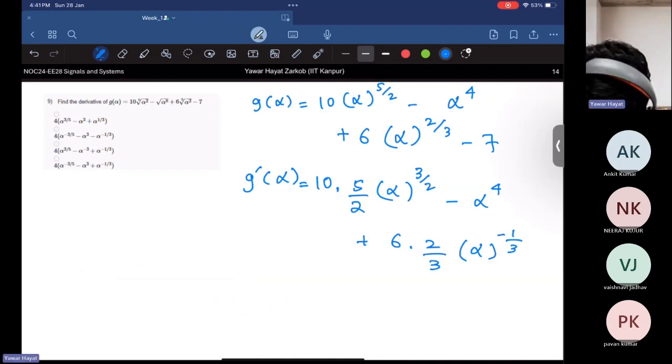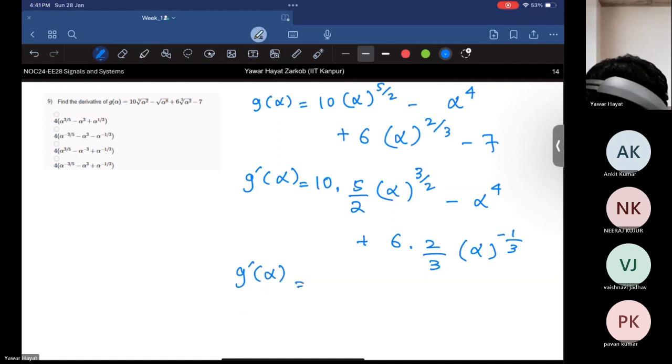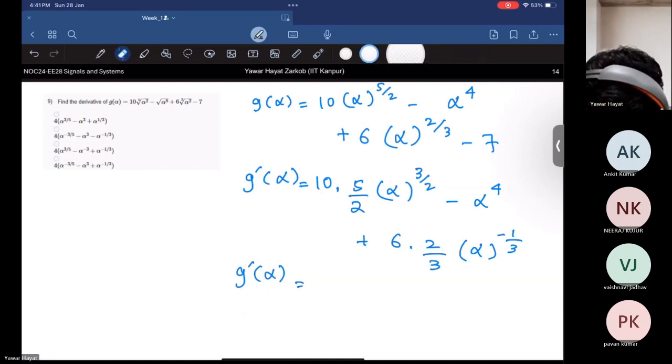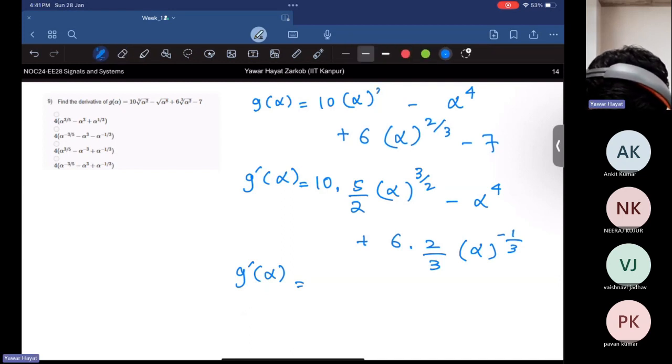So do we have the answer? Wait, yes, I flipped it up, right? It should have been 2 over 5. Yeah, the rest of the things are fine.